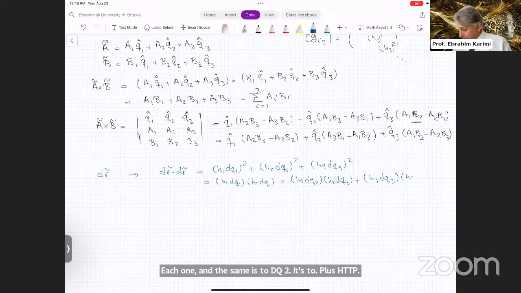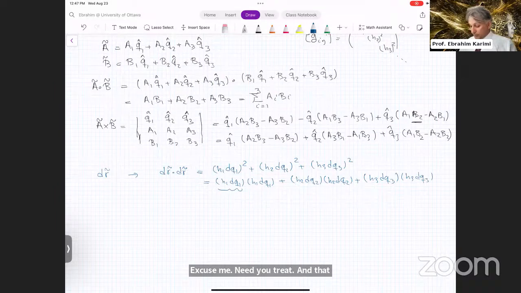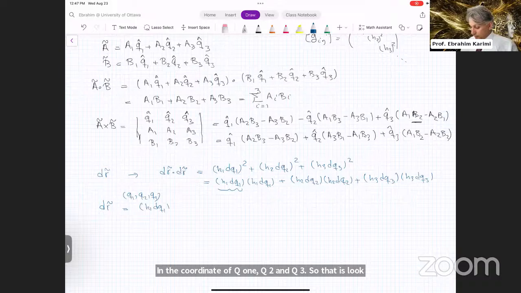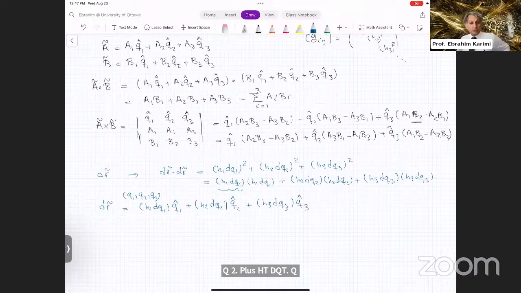That looks like the first element for dr in the coordinates Q1, Q2, and Q3: H1 dQ1 in the direction of Q1, plus H2 dQ2 in the direction of Q2, plus H3 dQ3 in the direction of Q3.